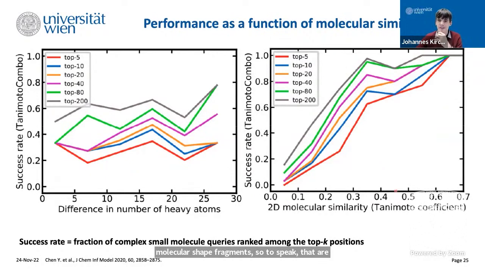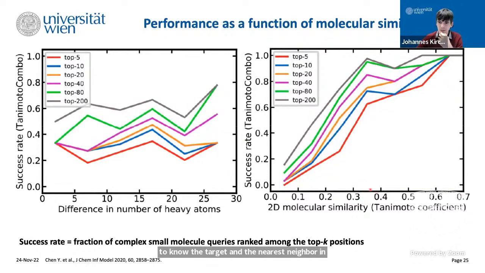And on the right-hand side, the panel shows that these molecules that are correctly predicted can actually be fairly dissimilar from anything that is present in the reference data set. So this is the similarity between the compound of interest, of which I want to know the target, and the nearest neighbor in the test set.